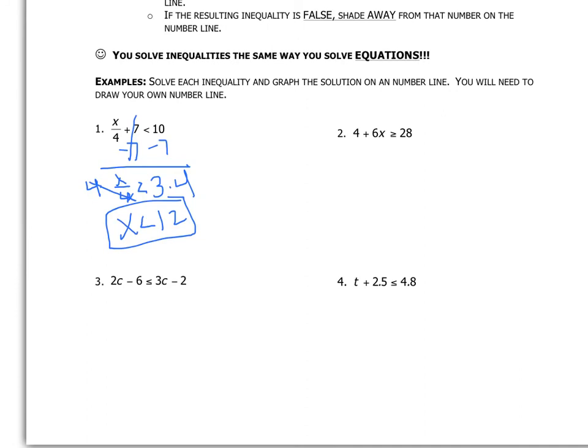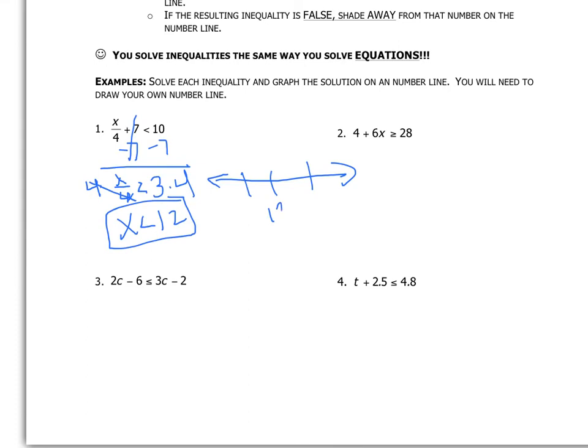Okay, the only difference with these problems is it says solve each inequality, but you also have to draw a number line. So real quick, we're going to draw a number line. We have to make our own number line with three lines. Since I know that x is less than 12, I know it's going to go left.